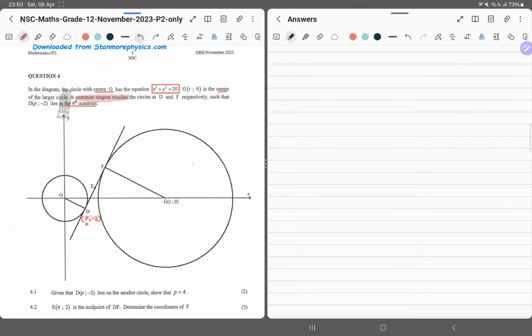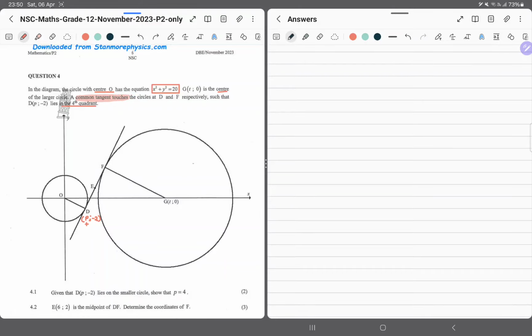Why do I know it should be a positive answer? It's because D is in the fourth quadrant. The x coordinate for any point in the fourth quadrant is positive because it's on the positive x-axis. So that's the significance of most of the information we are given.